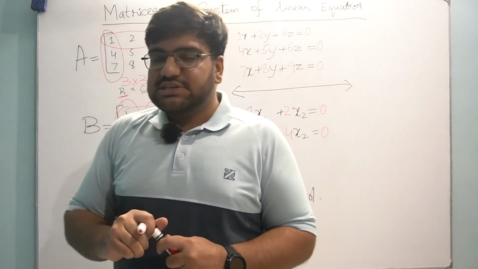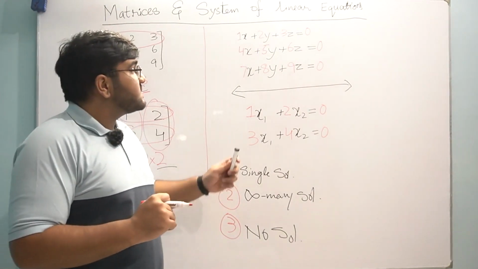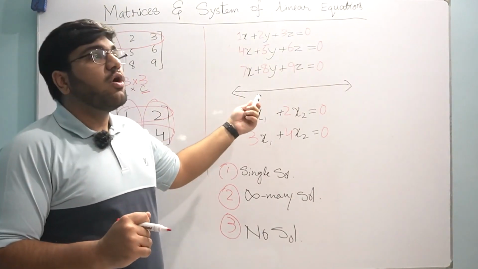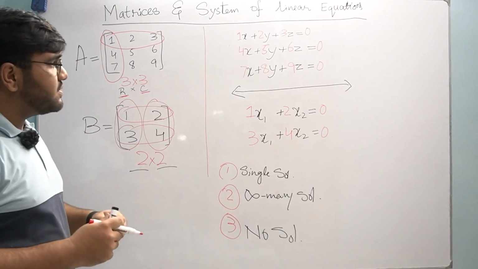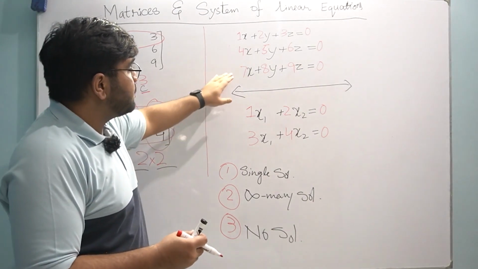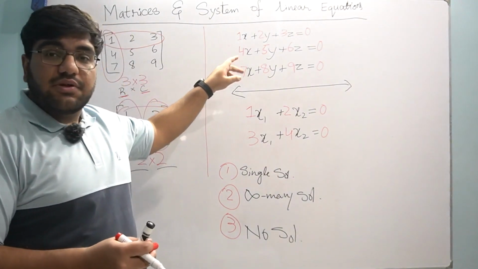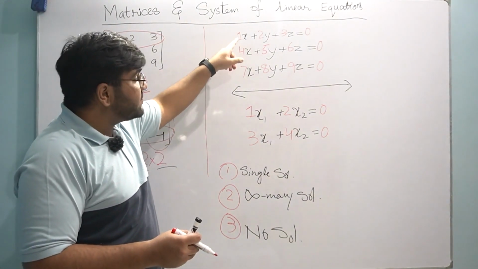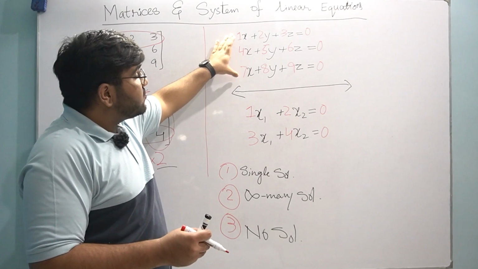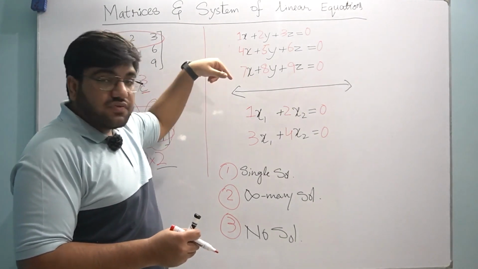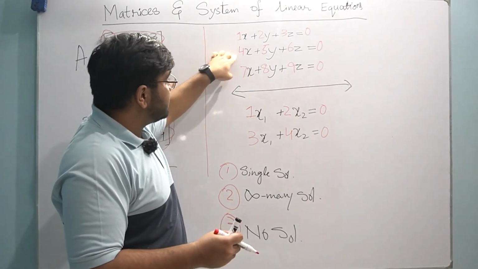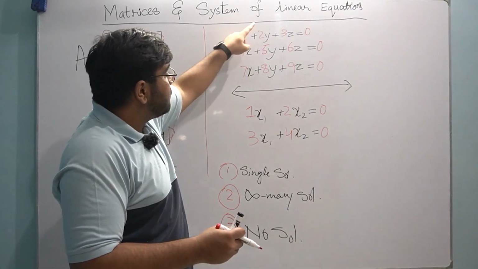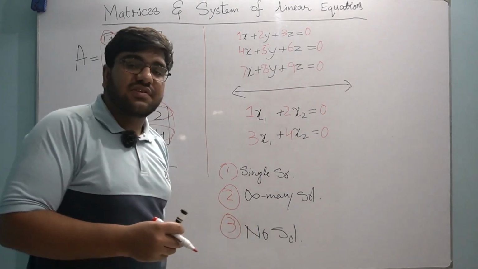Now coming towards the representation of simultaneous equations in the form of a matrix. It's a very simple thing. Just arrange the variables. For example, arrange the x variables in all of the equations in a single column. So x is in a single column, y is in a single column, and z is in a single column.